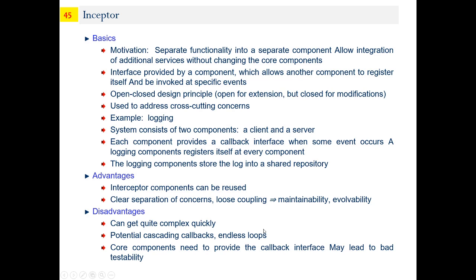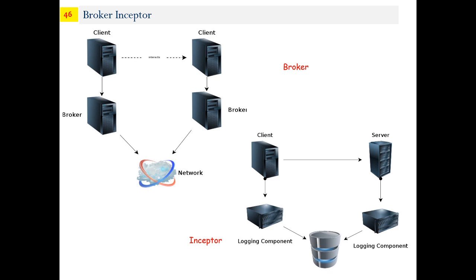It works on loose coupling, and that is the benefit. Disadvantage: it can get complex quickly. As the number of clients increases, the pressure will be on the loops, which might become endless, and there could be cascaded fallbacks.